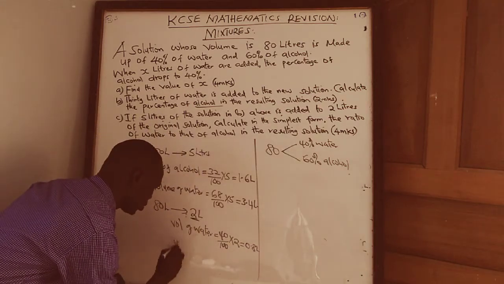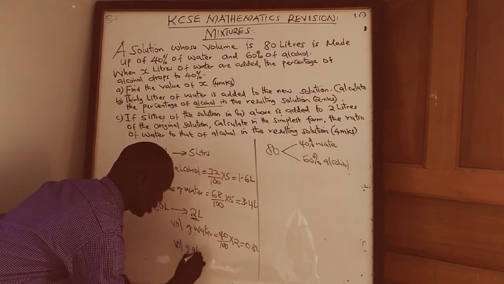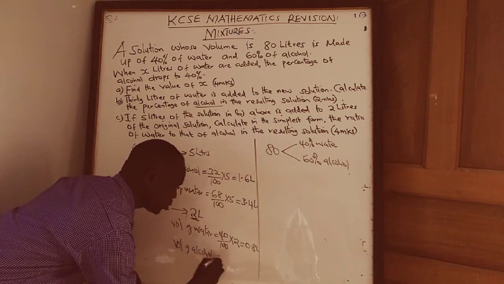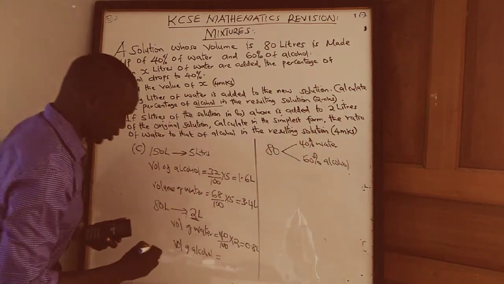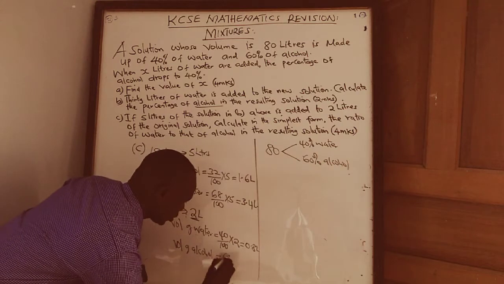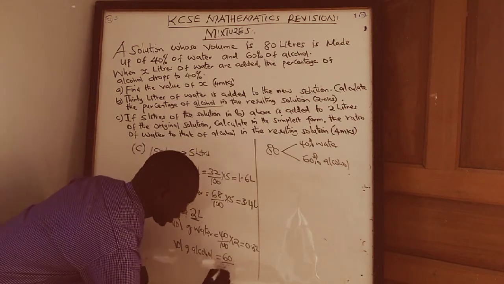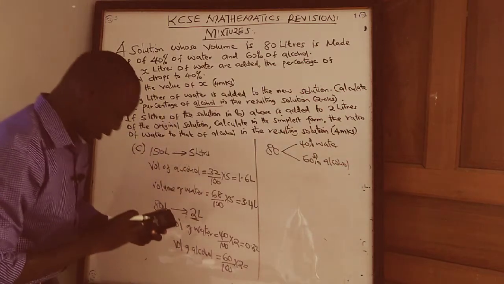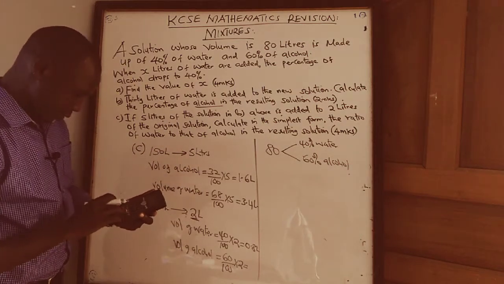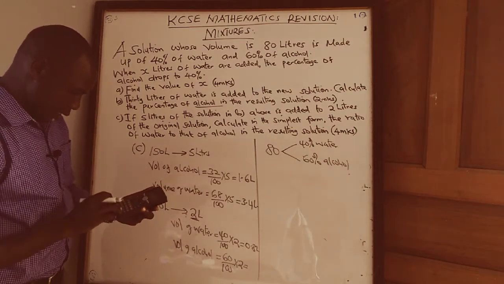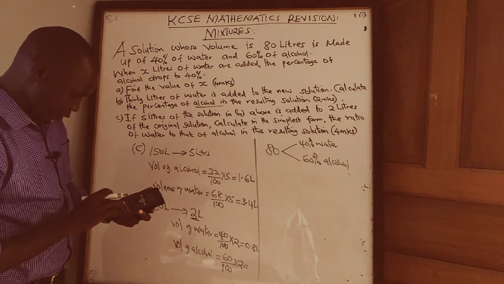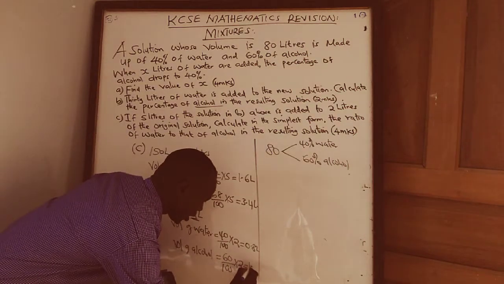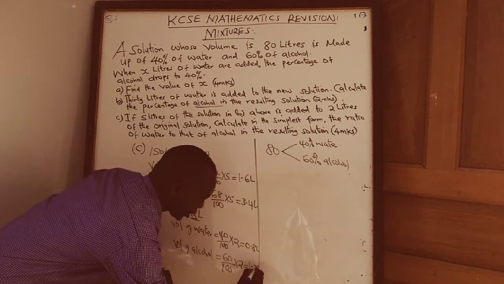The volume of alcohol is 60% of the 2 liters, which gives us 60% times 2, that is 1.2 liters.